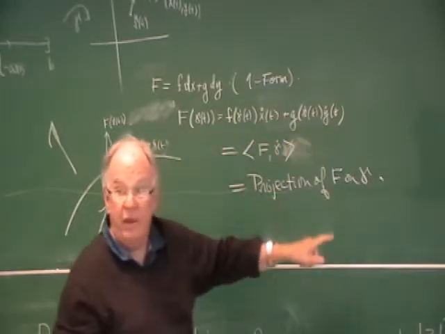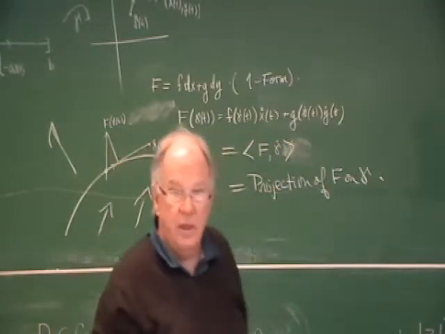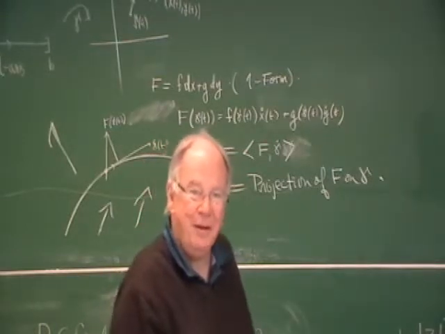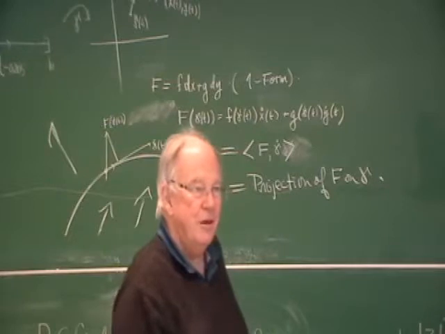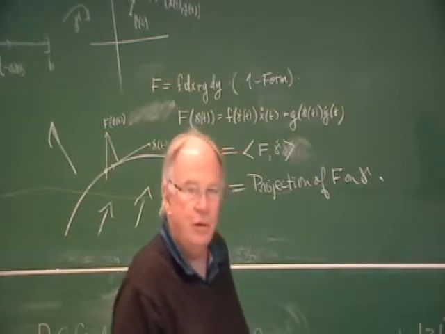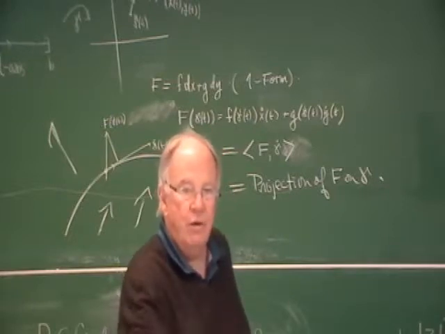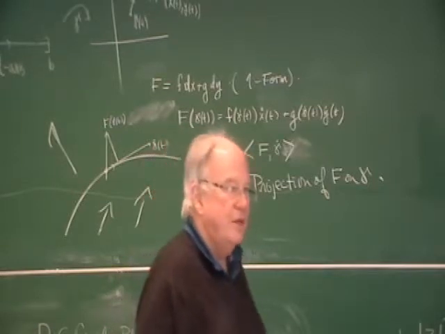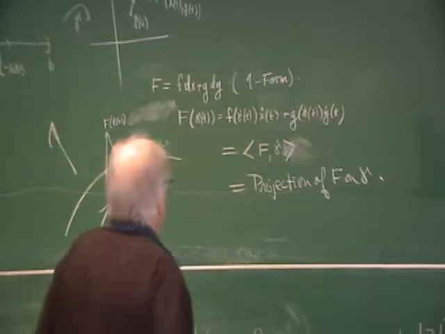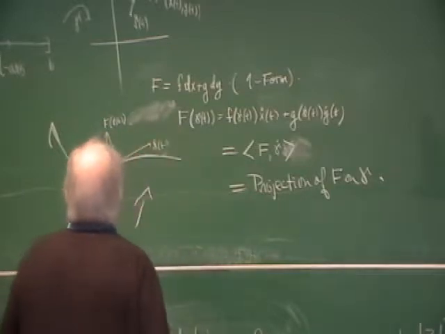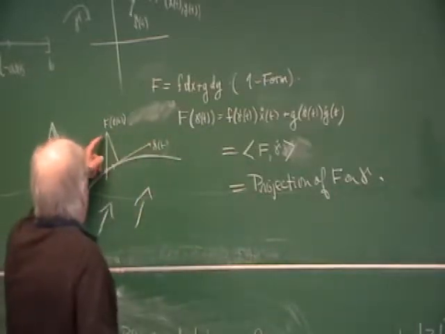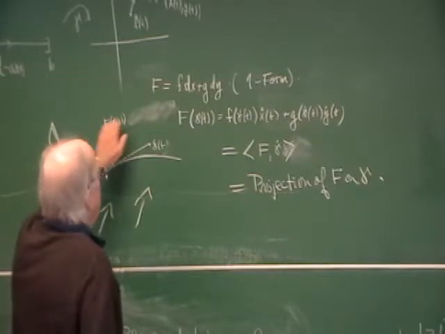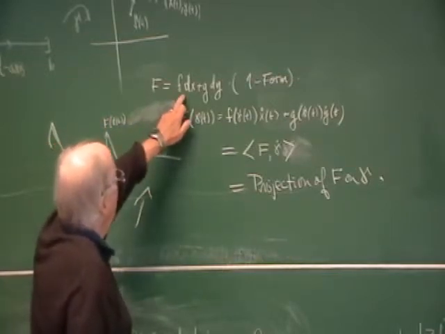I mean, this is nothing. It's a projection of something. Can I call this force? Maybe. You talk about things in engineering, science and physics about work to go from one place to another. All I'm saying is that if you have this field, which you can think of as force, I'm calling it a one form.